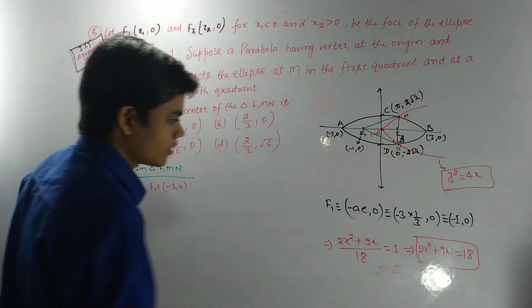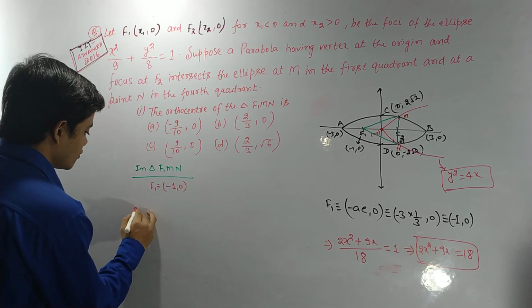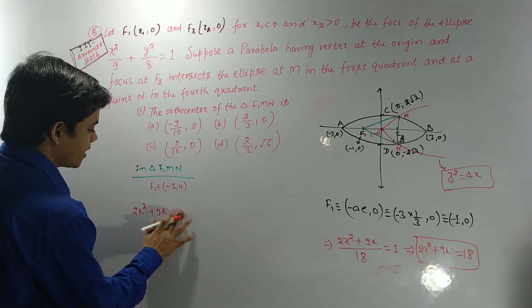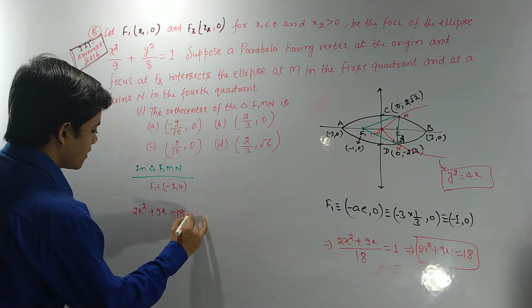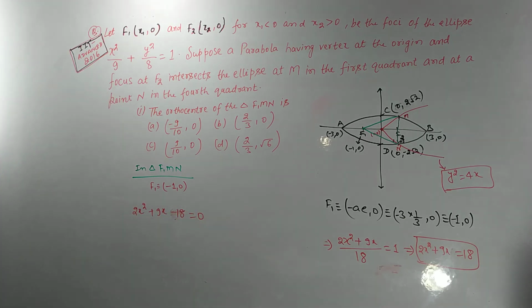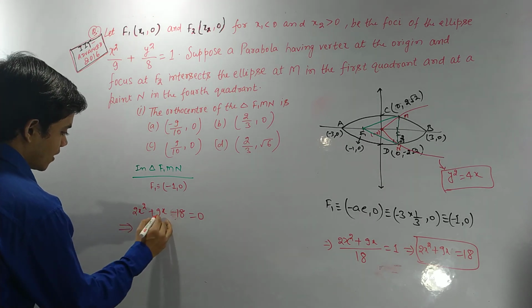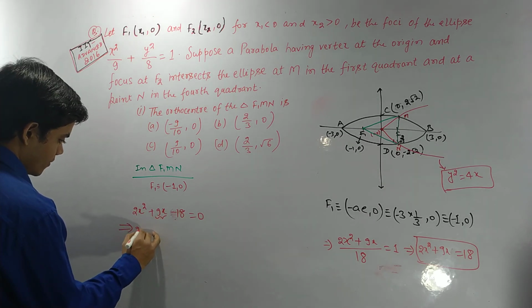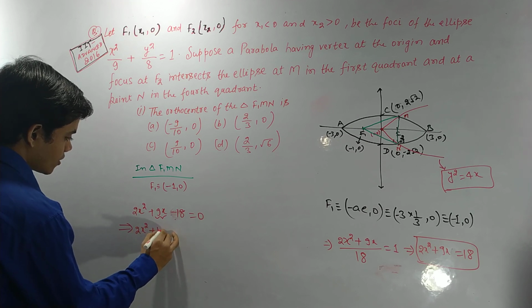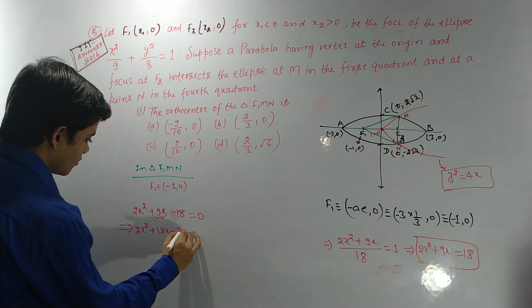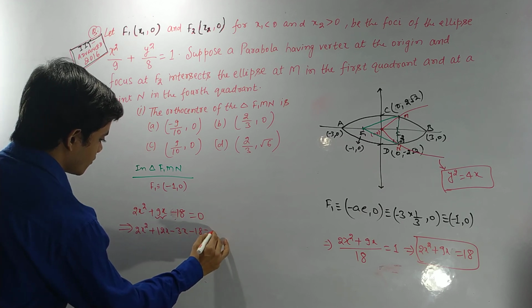So the final equation is 2x square plus 9x minus 18 is equals to 0. We will break the middle term as 12x minus 3x minus 18 is equals to 0.